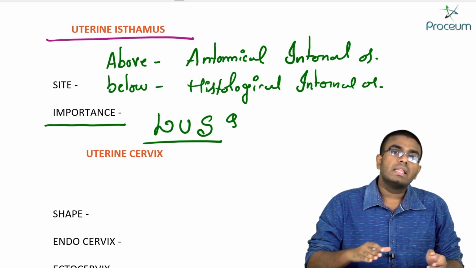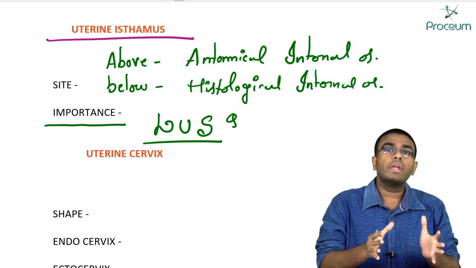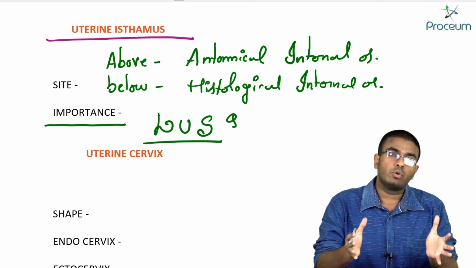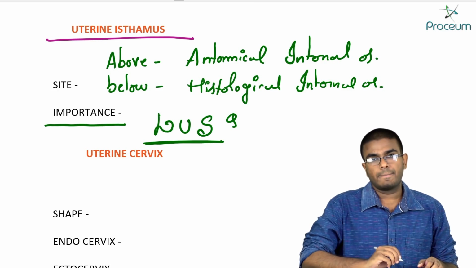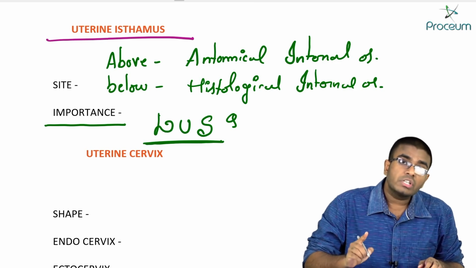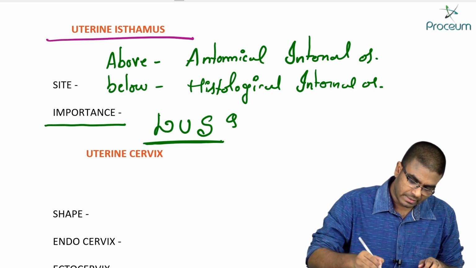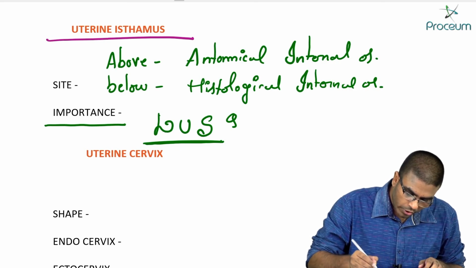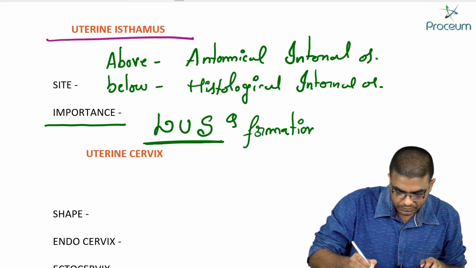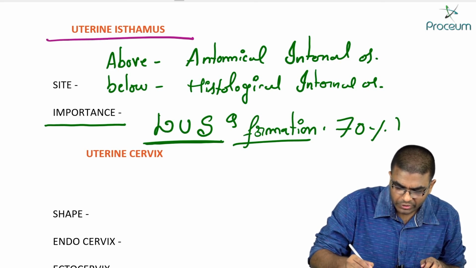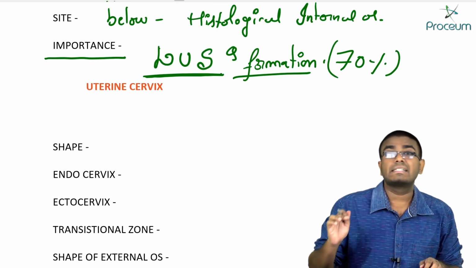For that, in the later part of pregnancy, this isthmic part forms a new compartment known as the lower uterine segment. Almost 70% of the lower uterine segment is formed by the isthmus. The remaining 30% will be formed by the cervix.